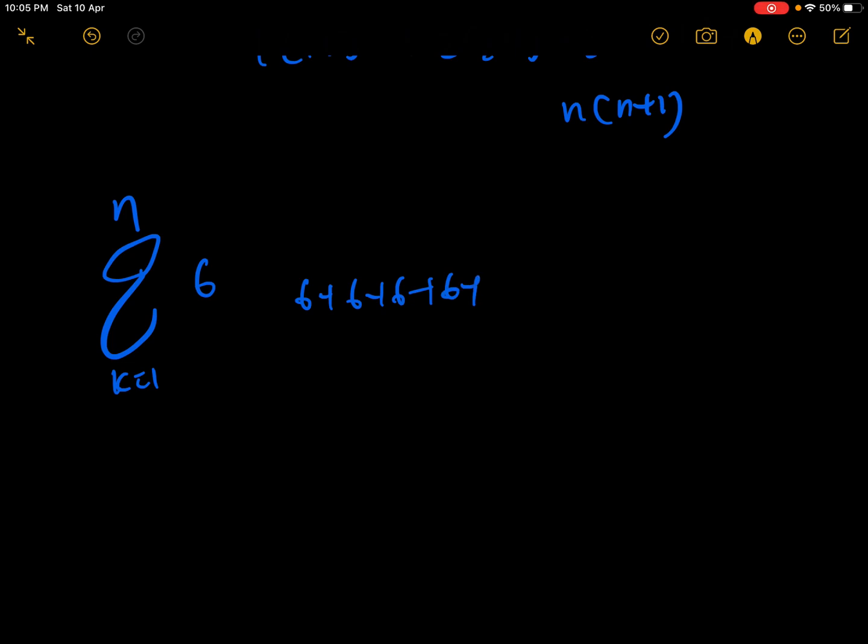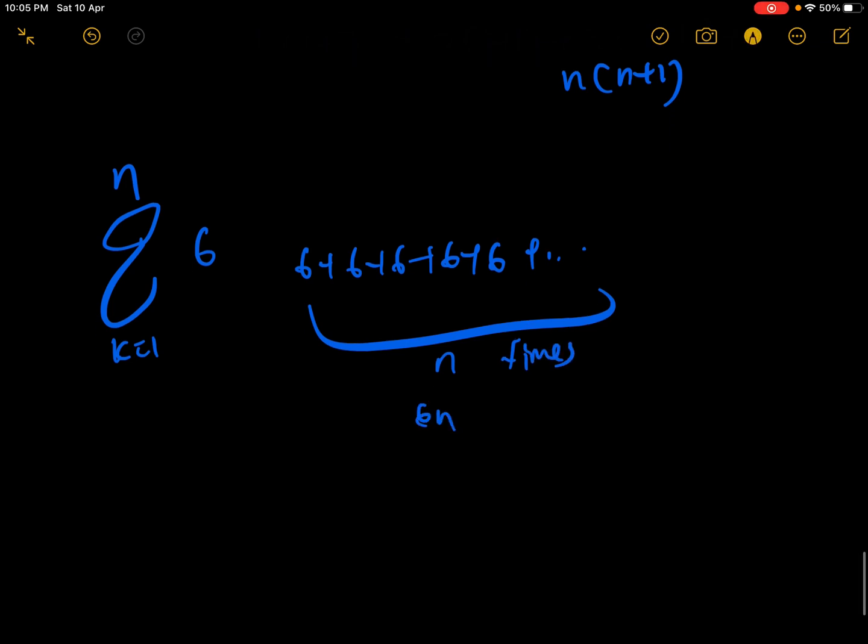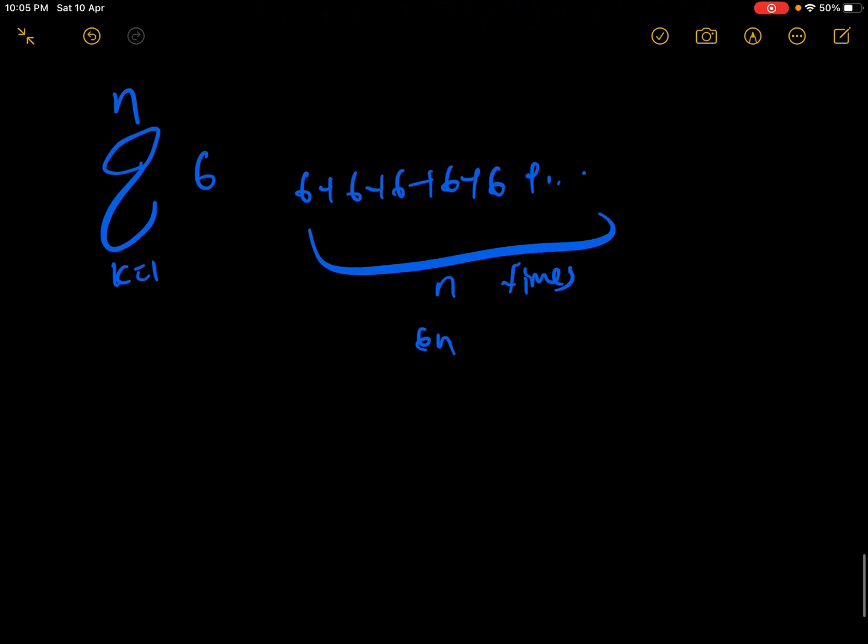So it'll be 6 plus 6 plus 6, dot dot dot, repeated n times, so it will be 6n. So if the term is a constant, then the total value is the constant times n. If n is 4, then it will be 6 times 4.